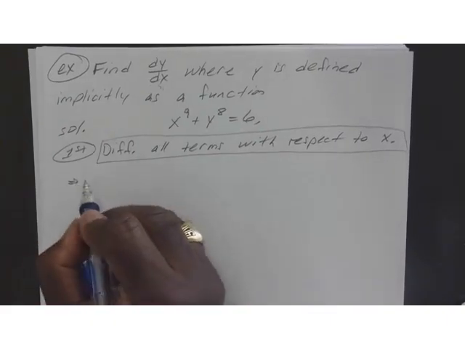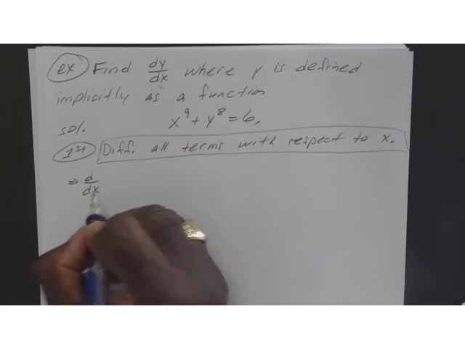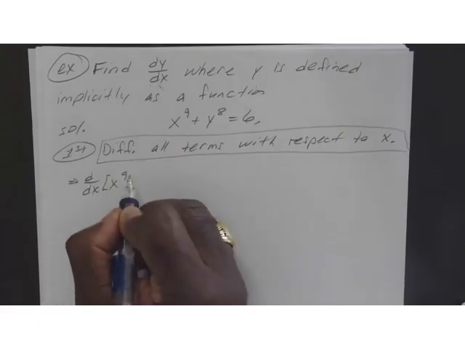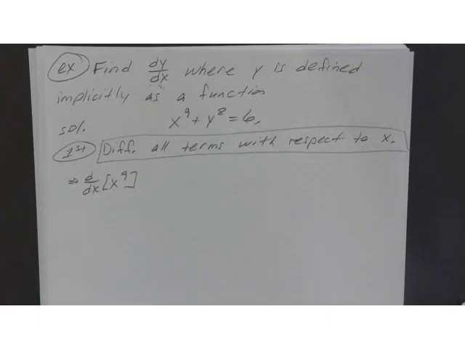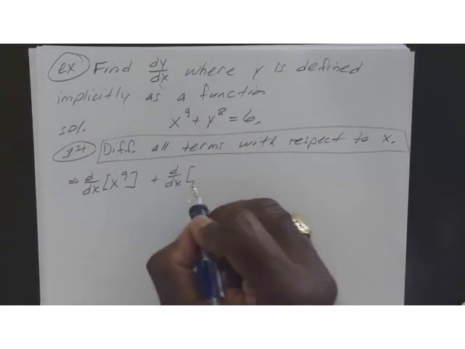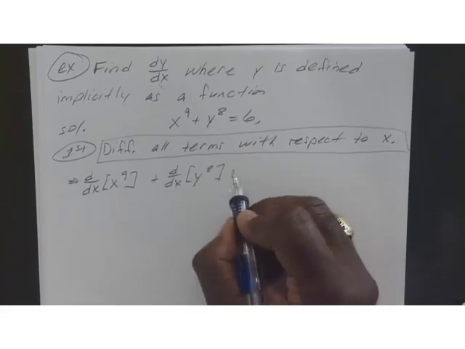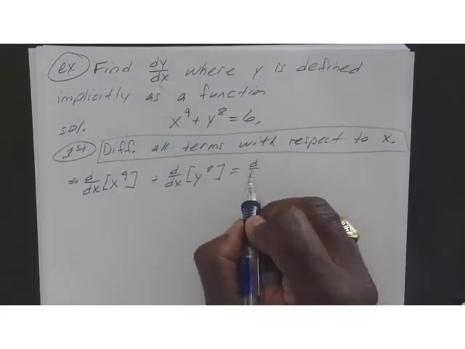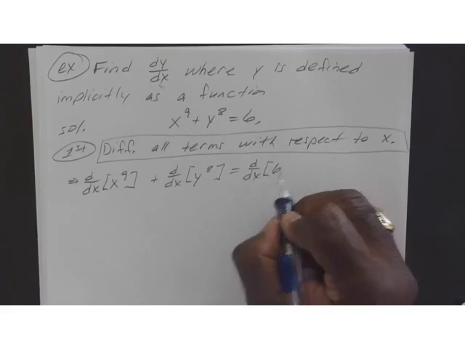So that means we're just going to take the derivative with respect to x of x to the 9th power plus the derivative with respect to x of y to the 8th power equals the derivative with respect to x of 6.